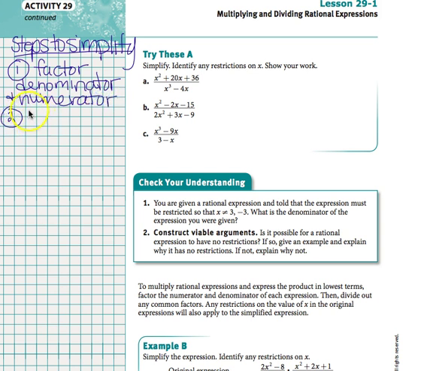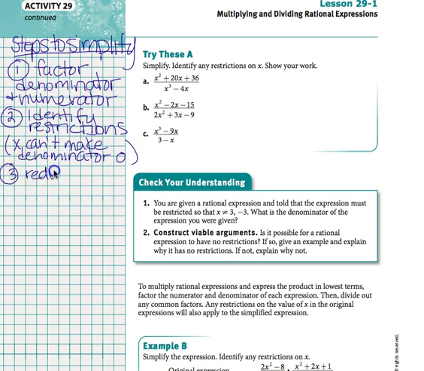Then we are going to identify restrictions. And remember, that means x can't make the denominator 0. And then finally, in step 3, we're going to reduce common factors.